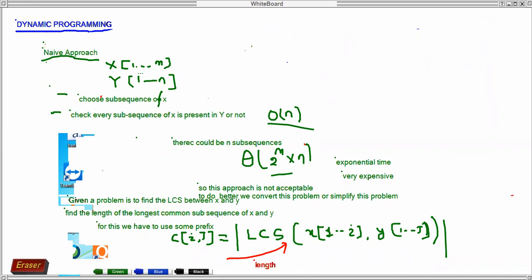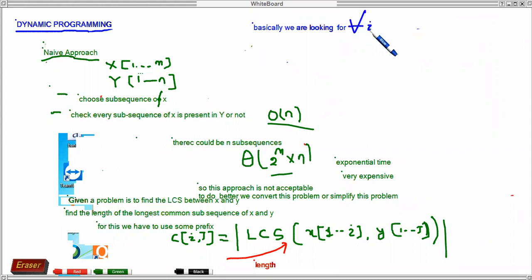This represents the length. Basically, the main thing we will find is this length. How can you represent this? You are looking for all i, j.